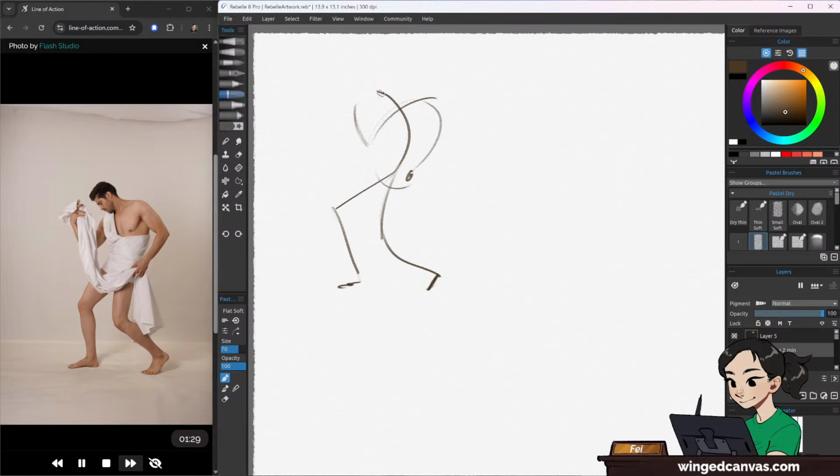So what I tend to do is I will draw in the silhouette, and I'll just draw with a solid brush, and I'll go right into the shapes of the figure. So I focus more on the silhouette.